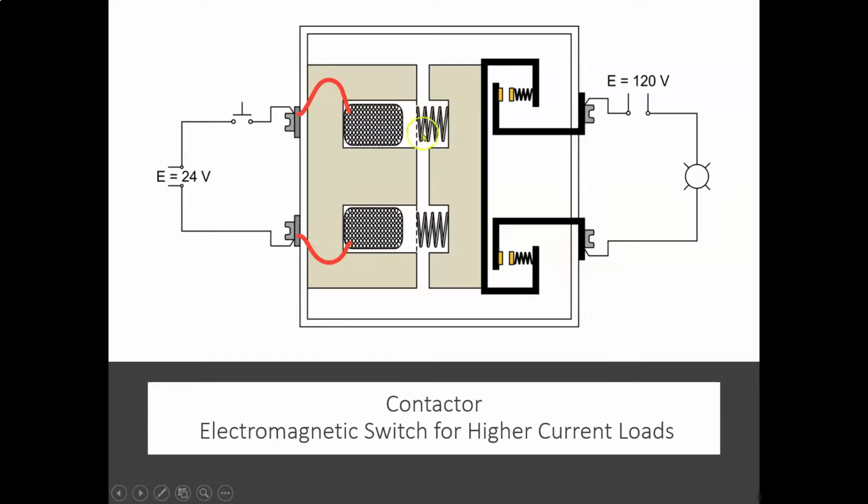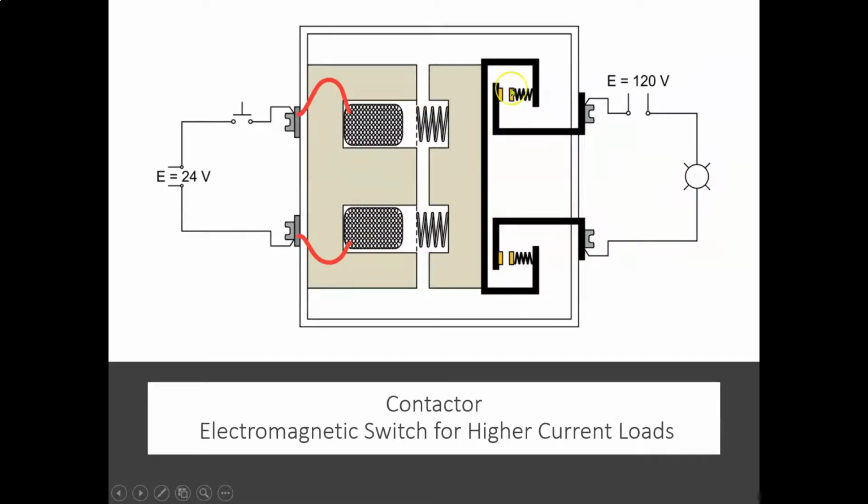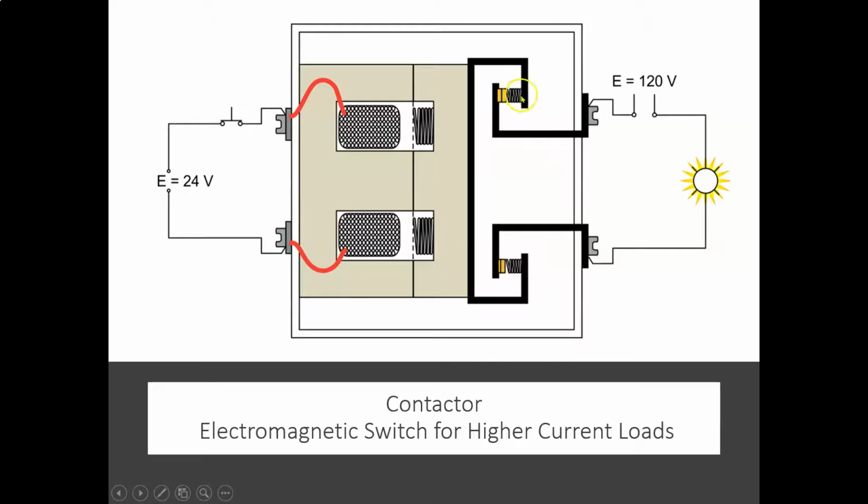So the magnet is overcoming the strength of these springs and pulling it shut, and these contacts are also going to close and compress those springs a little bit too. Once those contacts are closed, I now have a path from my other source going through my contacts to my light, so my light turns on.